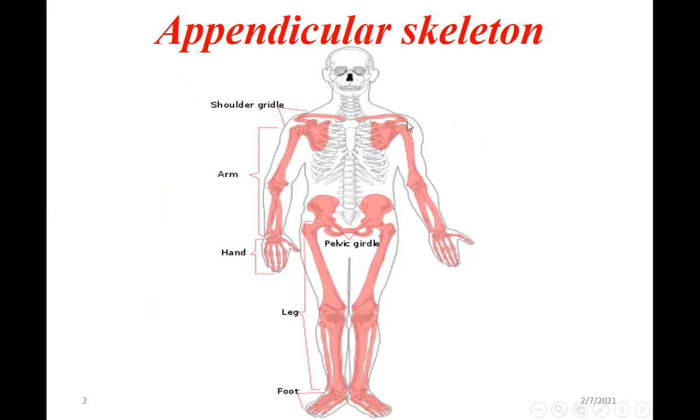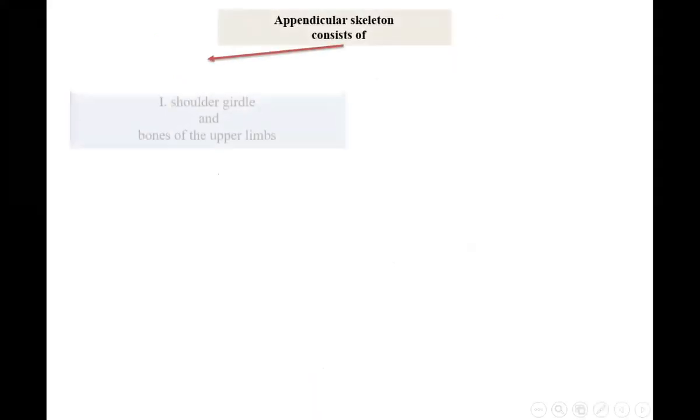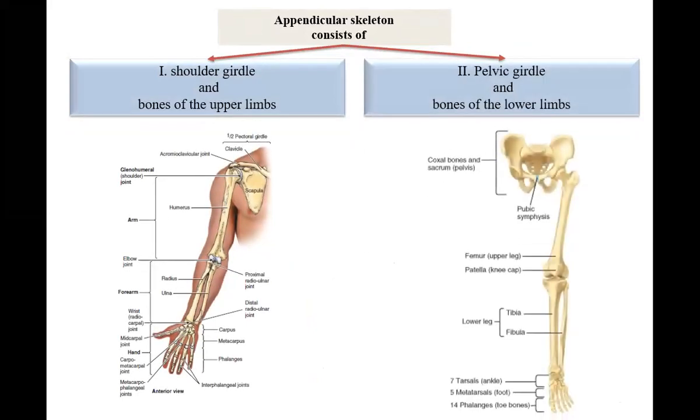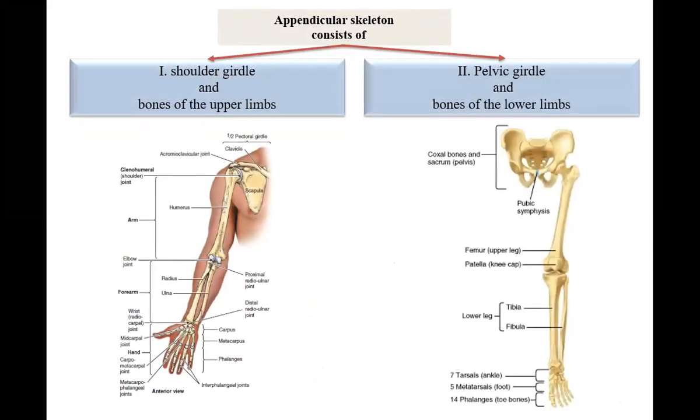This is called the upper limb, and this is called the lower limb. Okay. So these are the bones of the upper limb and lower limb. This is called the appendicular skeleton, which is not in the center. So appendicular skeleton consists of the shoulder girdle and the bones of the upper limb.